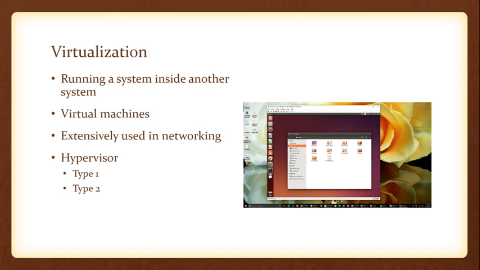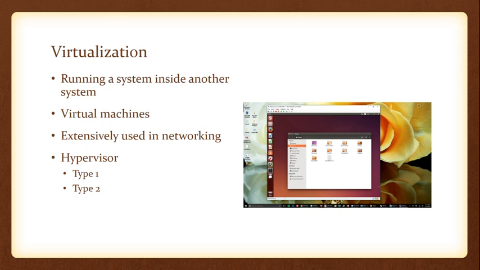Virtualization is very important. Virtualization is running a system inside of another system. So let's say you have a Windows computer and you want to go to Linux. Well, you can use virtualization software. You don't have to buy a brand new computer for Linux. You don't have to buy a brand new computer for Apple or Mac OS.